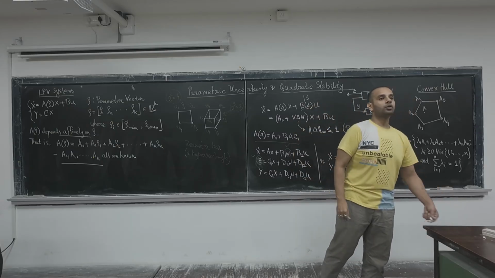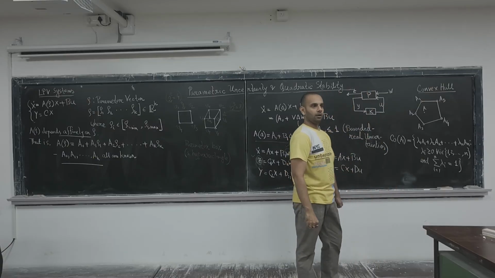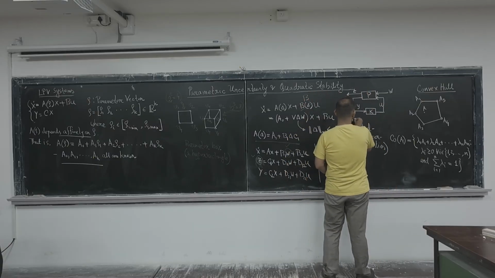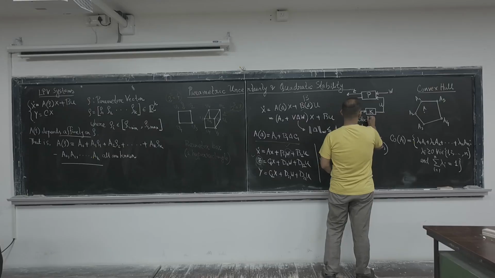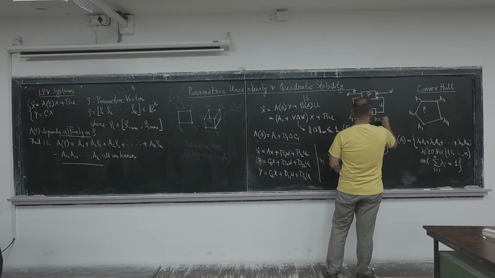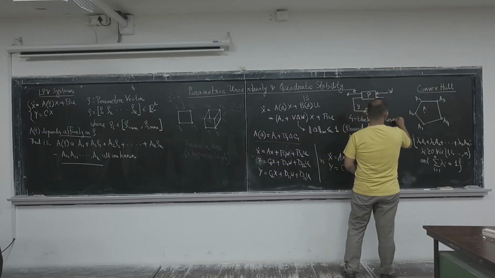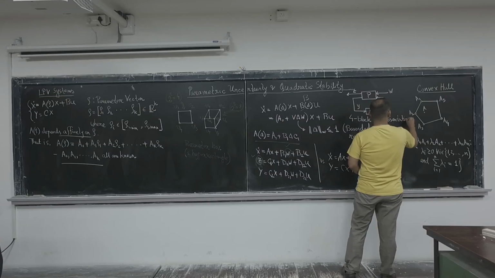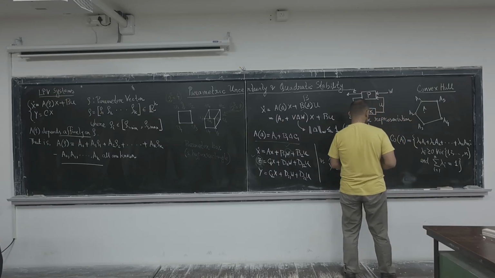This is called the four-block representation of a generalized plant.